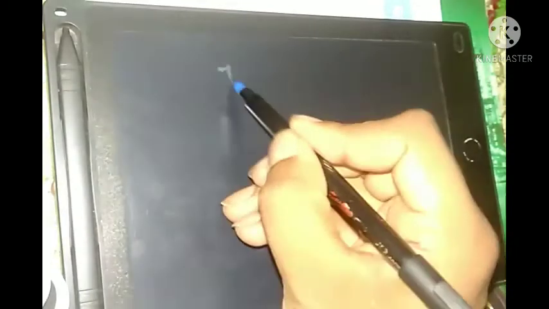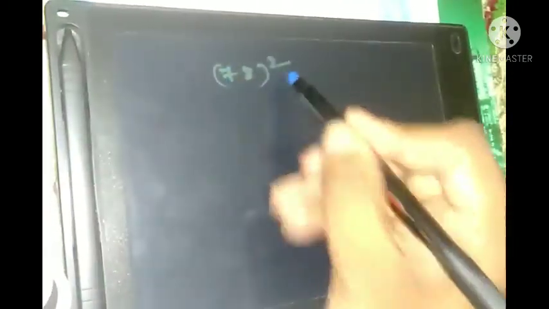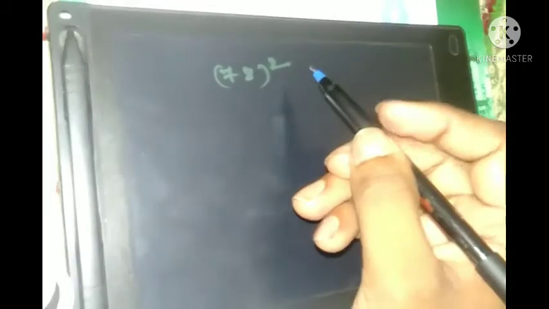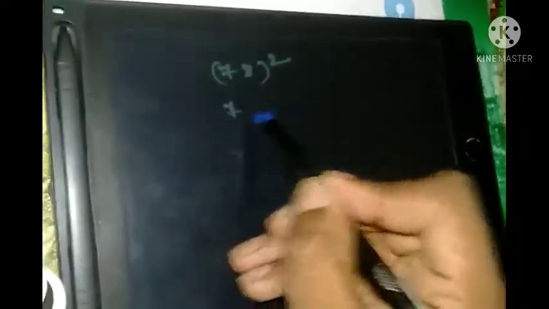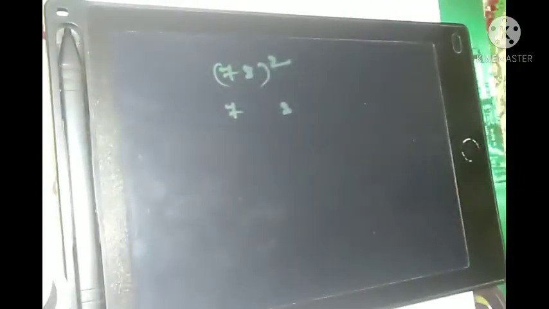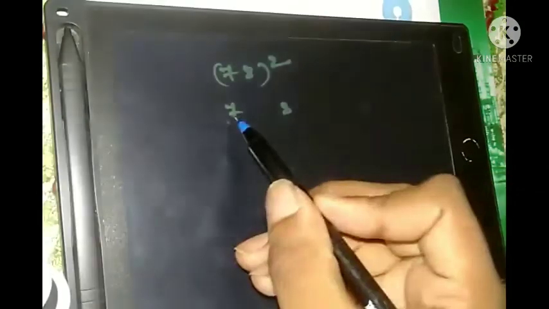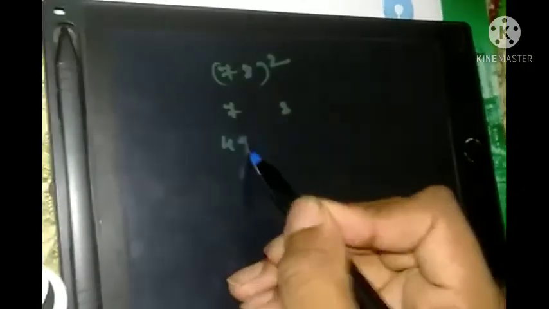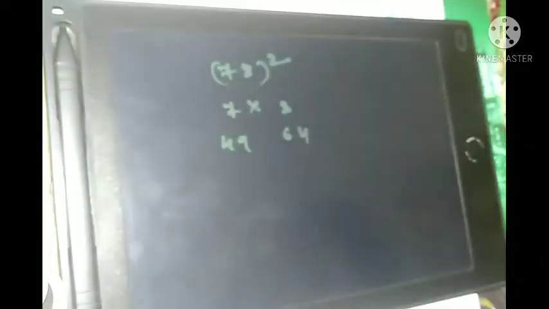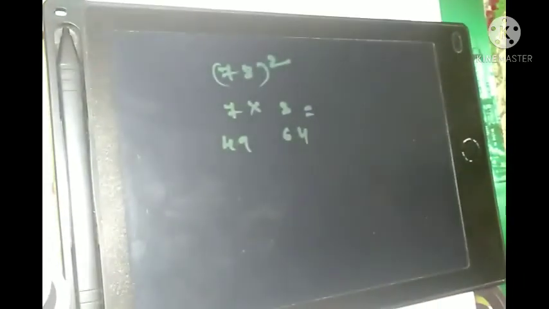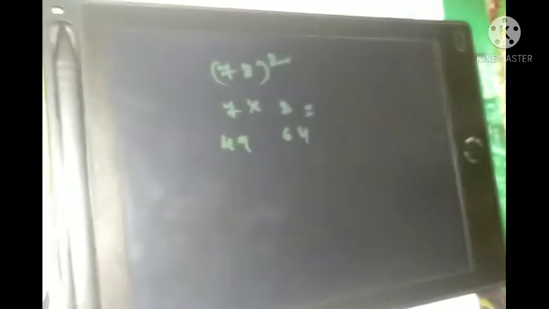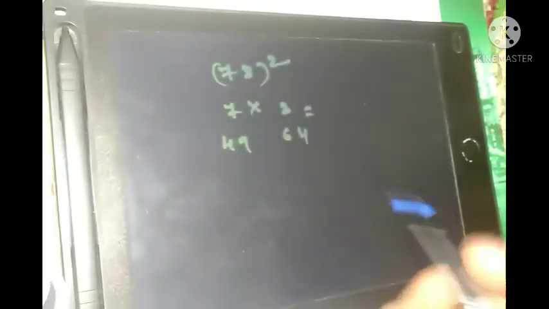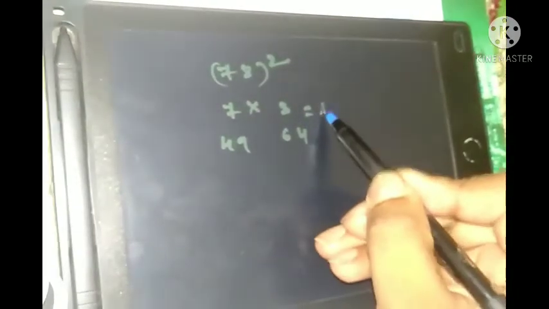We take 78. What is 78 whole square? First of all, we write down the 7 and 8. What is 7 square? 49. What is 8 square? 64. And multiply this: 7 into 8, we get 56.